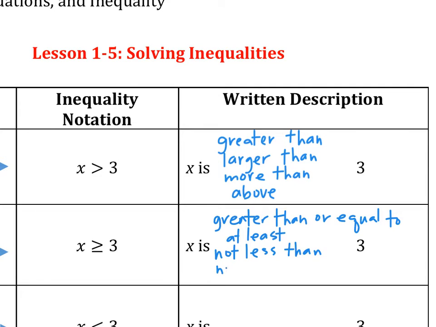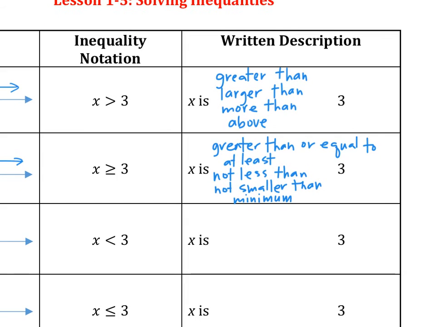And then from that logic, you can say that another way to say this is not smaller than. So another way of saying not less than. And another one that comes up a lot is minimum. X is a minimum of 3. So the smallest number x can be is 3. So that's another way of saying greater than or equal to. All right, so those are some of these words.